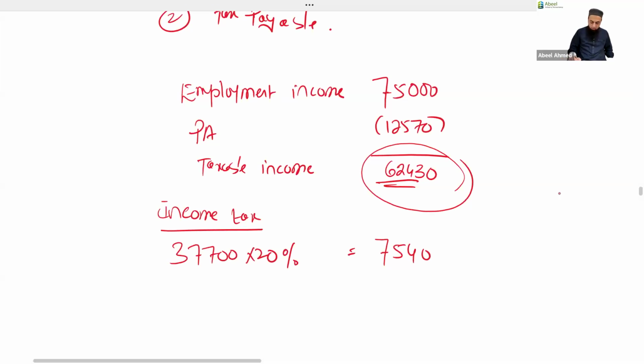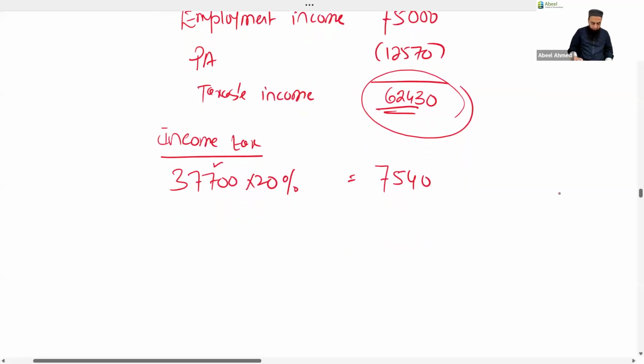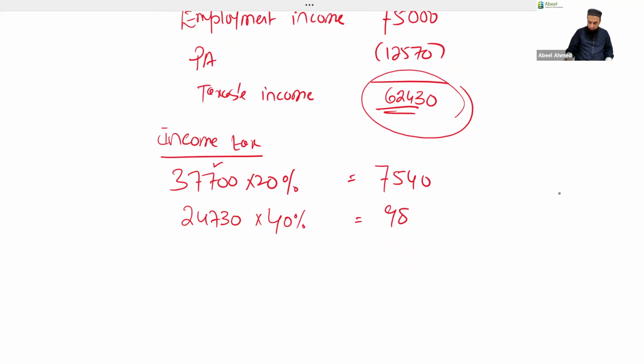Total taxable income is 62,430. Out of that, 37,700 we have utilized. We have applied tax rate. How much is left? 62,430 minus 37,700. We are left with 24,730. On this 24,730, applicable rate is 40%. So I'm getting 9,892.